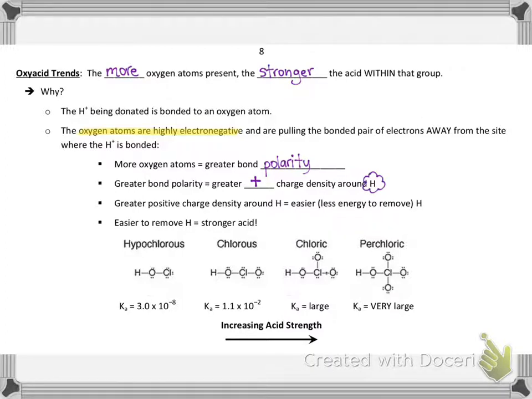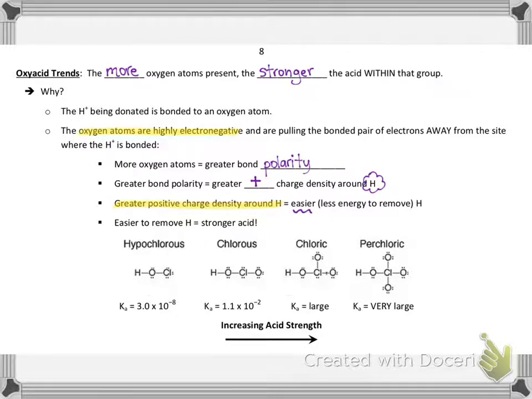And remember, if you're an acid donating an H, you're not donating literally H, it's H+. So the greater the positive charge density around the hydrogen, it's practically H+ already. So it makes it easier for it to finally just break off and become straight up H+. And of course, the easier it is to get rid of that H+, the stronger an acid you are.